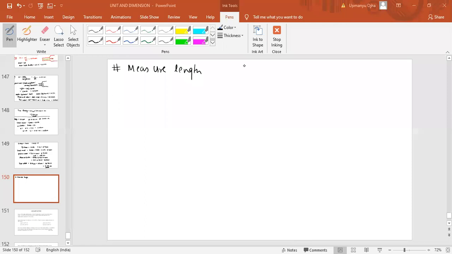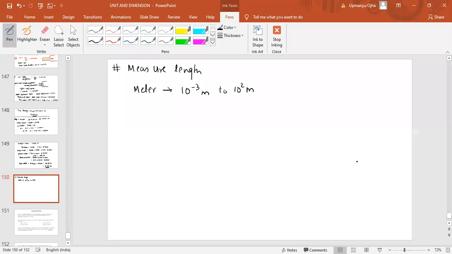Okay. Now to measure the length, we have certain things like a meter scale. So if you are using meter scale, it can measure the value of length ranging from 10 to power minus 3 meters to 10 to power 2 meters. It can be like the centimeter scale which we are having.